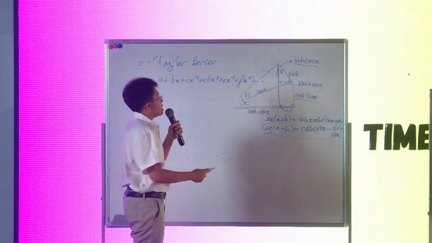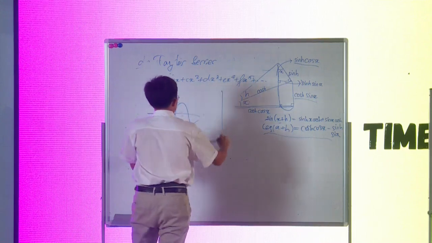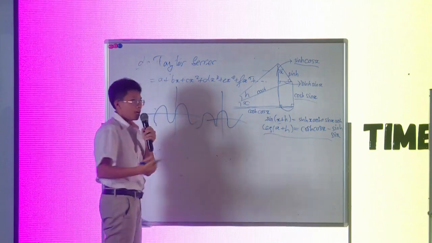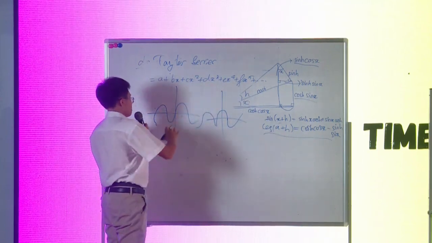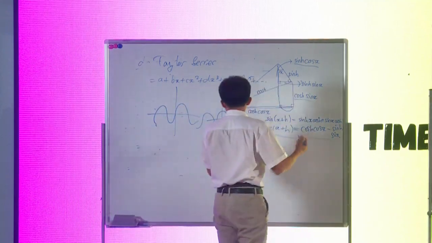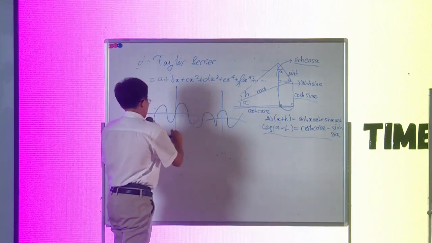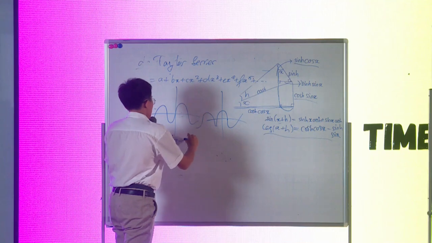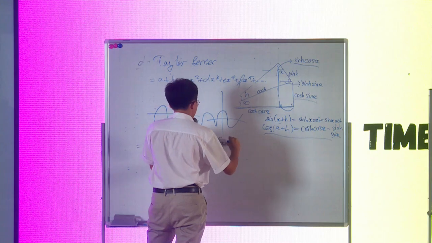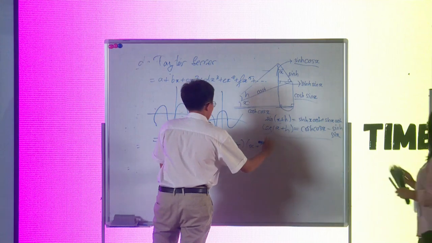But for the sine and the cosine graph, the sine is expressed as x times x minus pi times x plus pi times x minus 2 pi times x plus 2 pi, and so on and so forth.